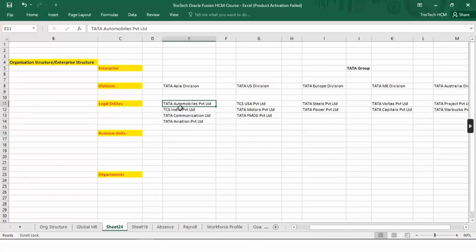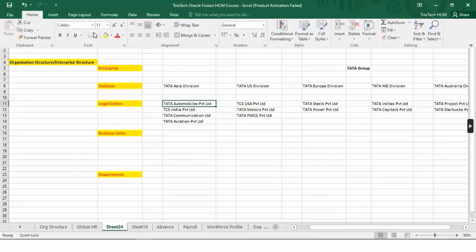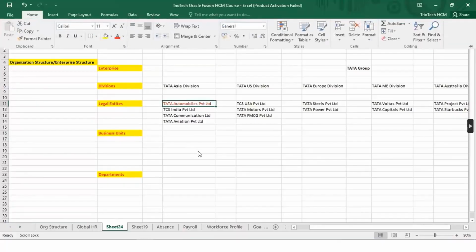For example, I will take Tata Automobiles. This is one of the companies of my client.